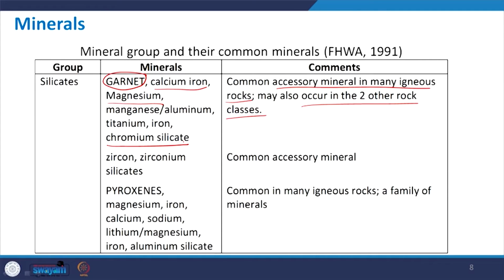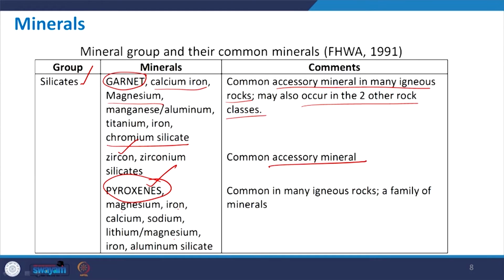The next category is zircon, zirconium silicates, which is a common accessory mineral. Then the next one is pyroxenes. This is the most commonly occurring mineral in this category under the group silicates. It has magnesium, iron, calcium, sodium, lithium, magnesium, iron and aluminum silicate.